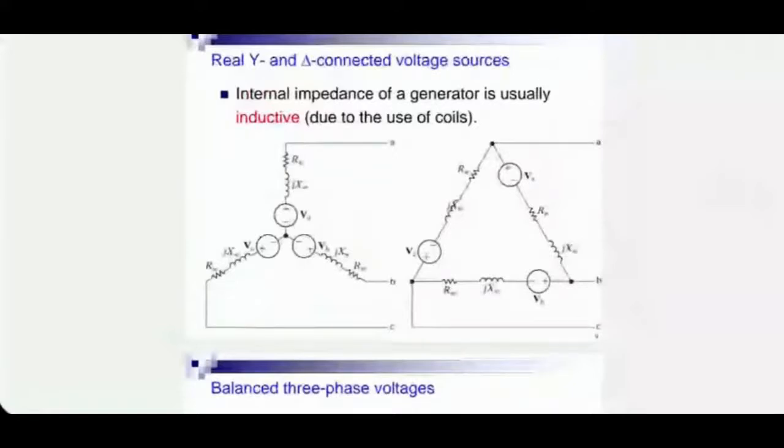So more realistic diagram will be what I'm showing you right now. In series with each generator on the left hand side, we have a series RL circuit where RA and XA, RB and XB, and RC and XC represent the internal imperfections. These values are measured or calculated and given to you.